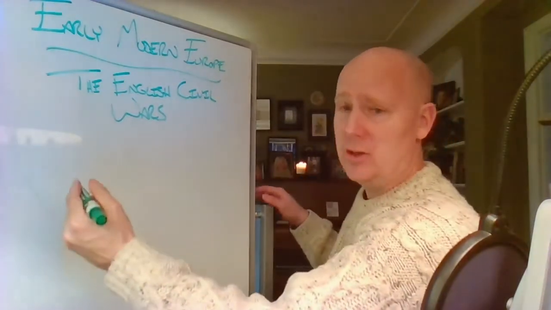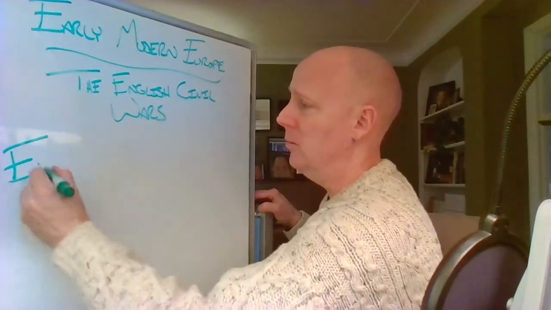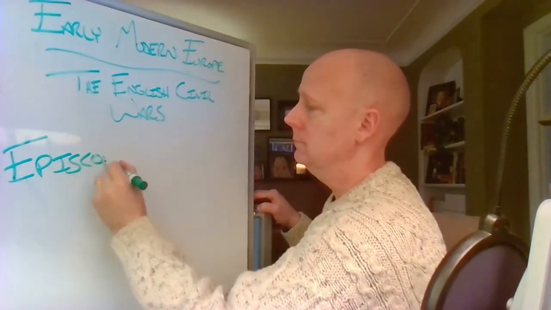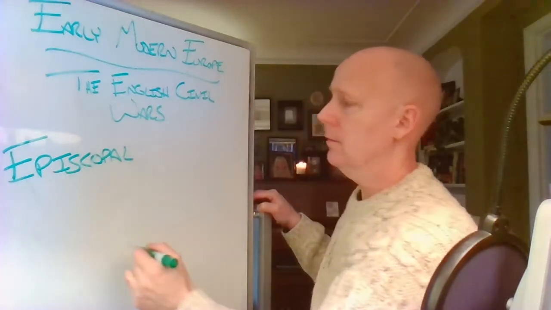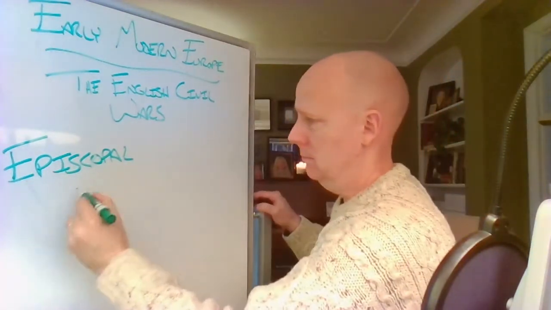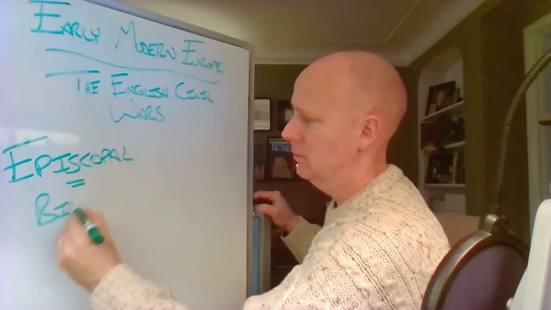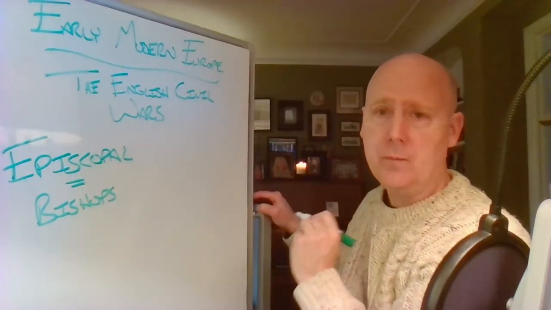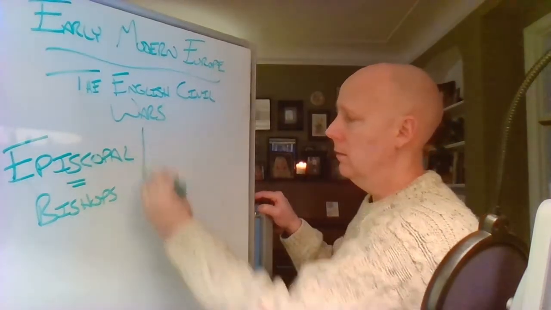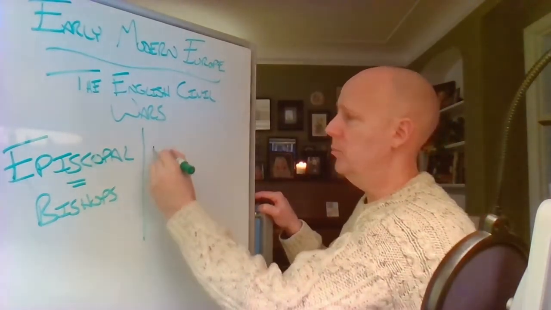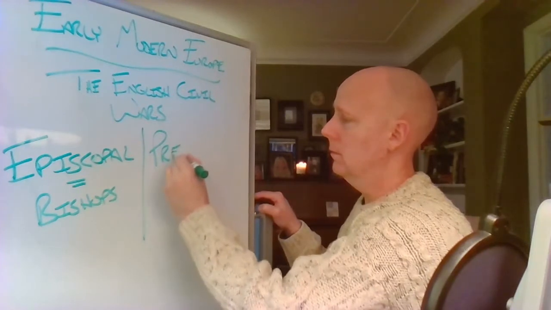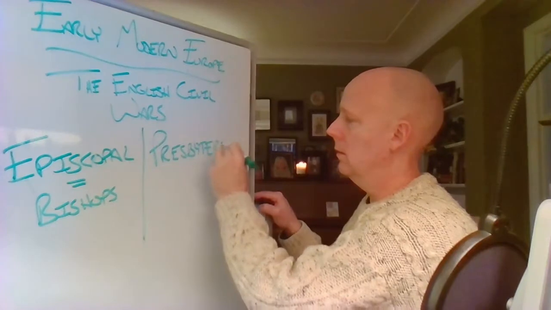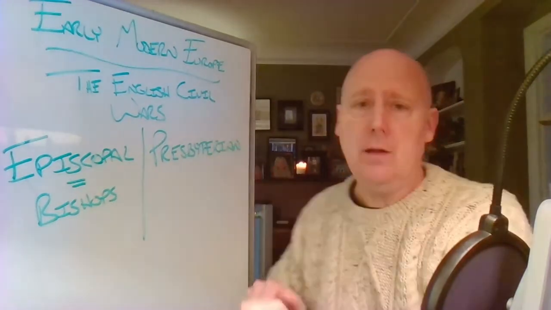Because on one side, the Church of England had what we call Episcopal governance, right? So Episcopal means simply bishops. Scotland wanted to have a Presbyterian governance.